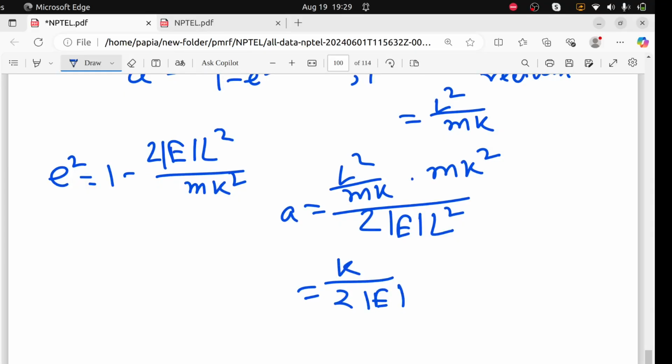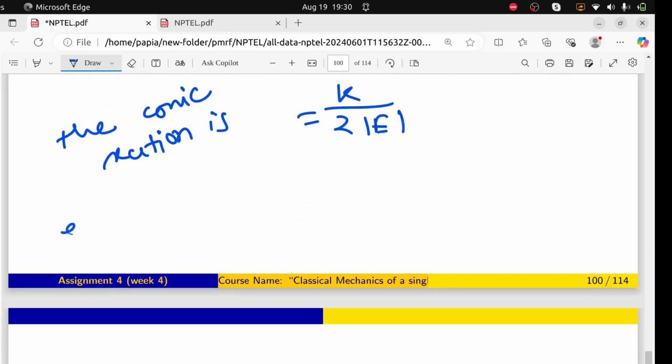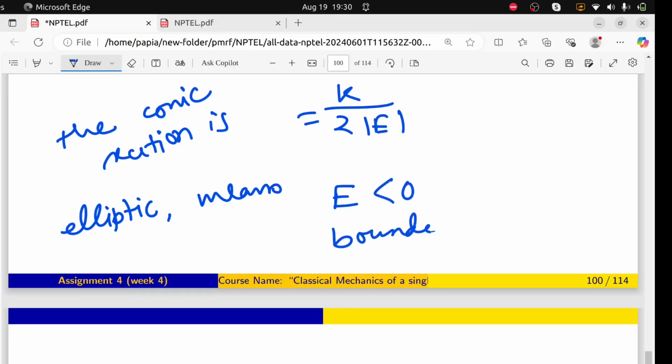But as the conic section is elliptic, it means our E is less than 0. That means the bounded system is there.